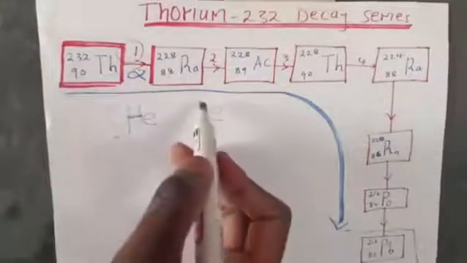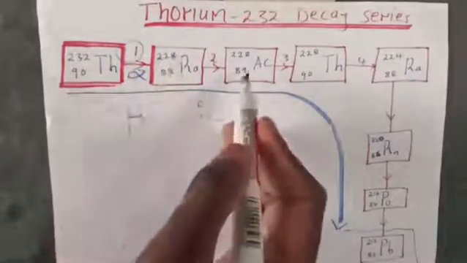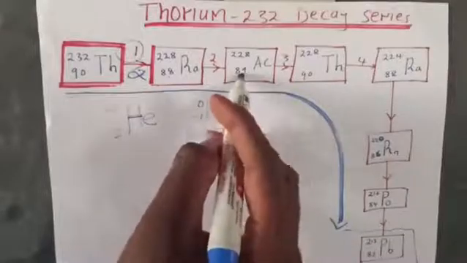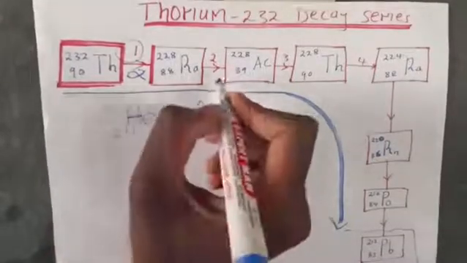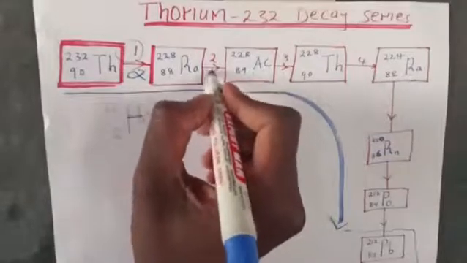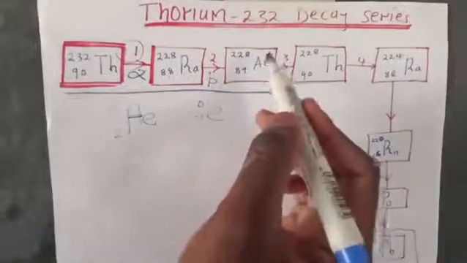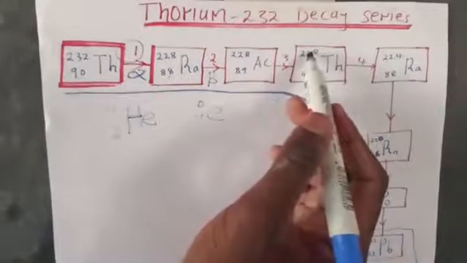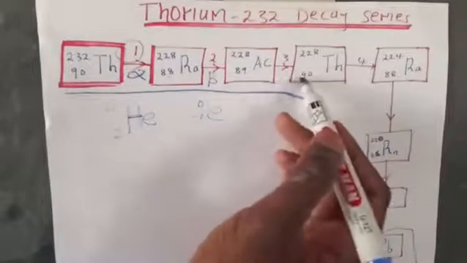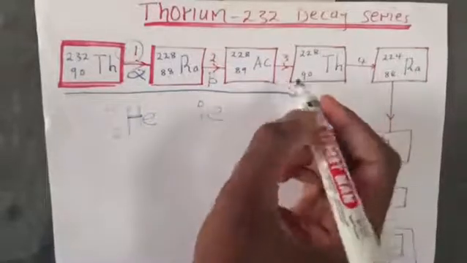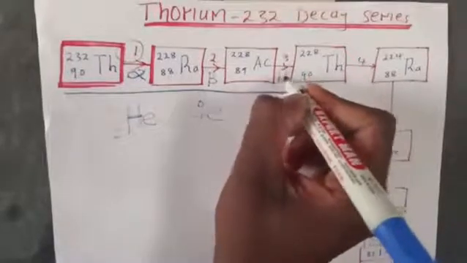If you add 0 to 228, you get 228, and if you add 89 plus -1, you get 88, and this tells you that this is a beta decay. We proceed to actinium, 228, the mass number remains, but the atomic number increases by 1. This is also what we call a beta decay.